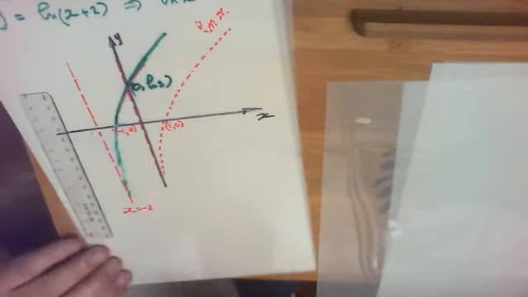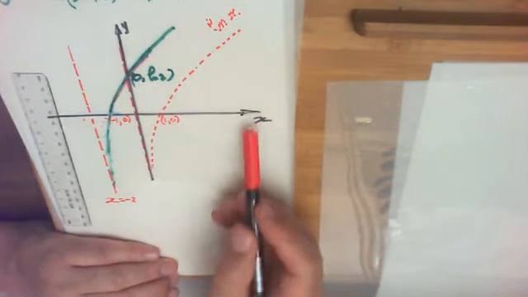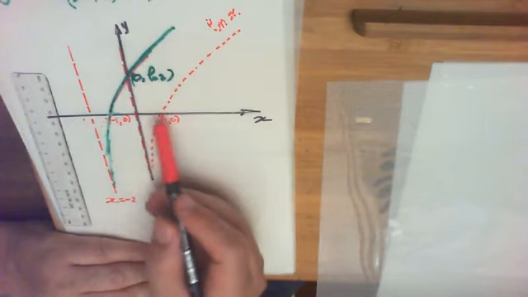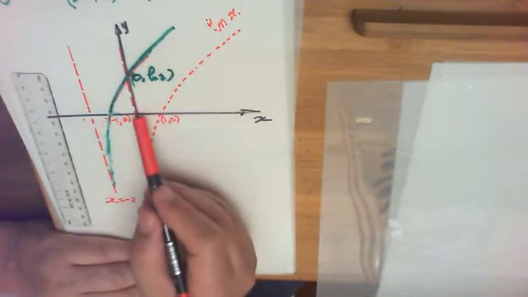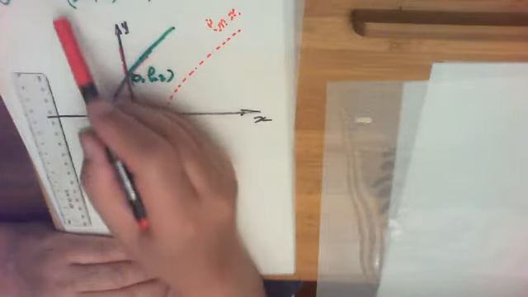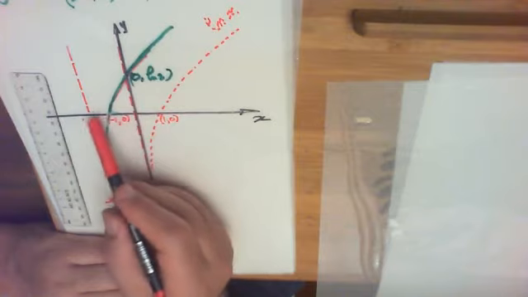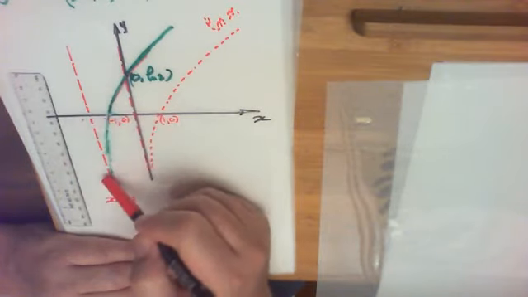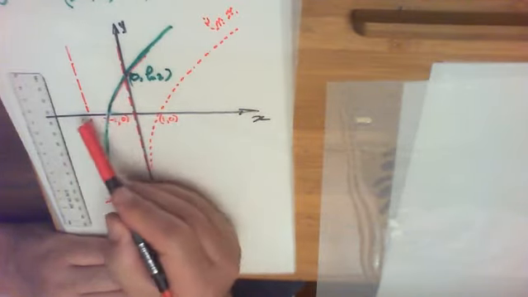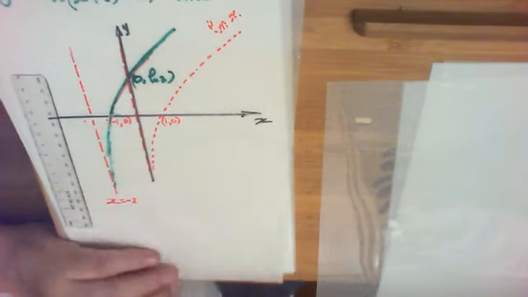Remember, the intersection of y equals ln(x+2) with the x-axis is far away 1 from its vertical asymptote. So going 1 to the left from this point obtains the vertical asymptote. This is minus 1, so the vertical asymptote is at x equals minus 2.